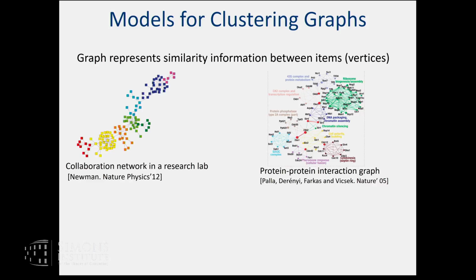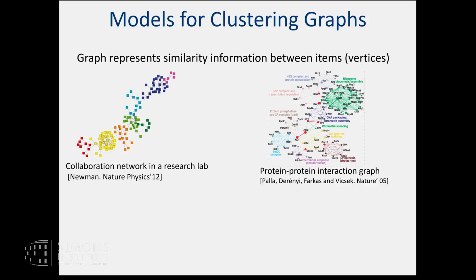Before we go into different average case models, a lot of the models that we look at are inspired from machine learning, and here are some examples that you might encounter. On the left is a collaboration network where you have a bunch of researchers denoted by vertices and edges if these two researchers have collaborated on a paper together.